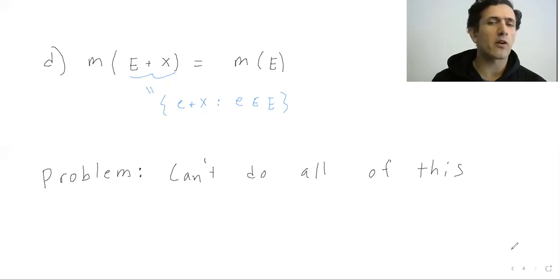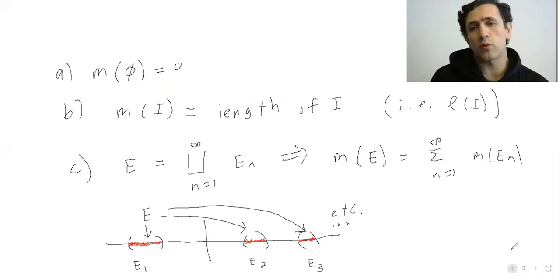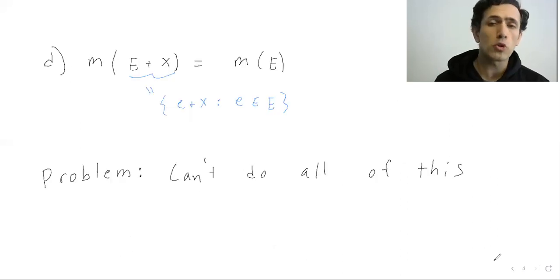You've got to sacrifice something. We're going to talk about this a little bit more. We're not going to exactly prove it, but you can prove rigorously that you simply cannot do all this. You cannot have this function m where all 4 of these properties A, B, C, and D are true for all subsets of the real line.